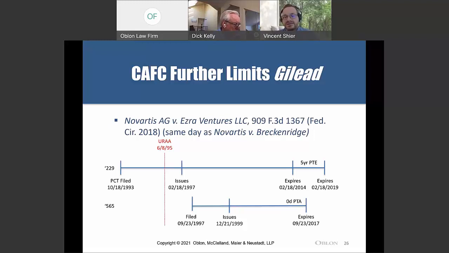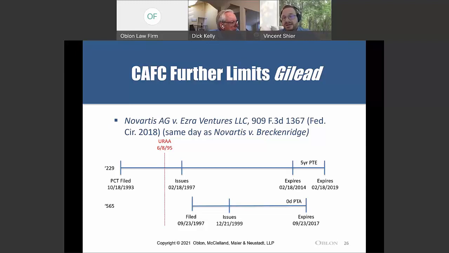There's no continuation or divisional claim from one family to the other. But in this instance, unlike the case in Breckenridge, the actual URAA status isn't going to play into the ultimate decision.